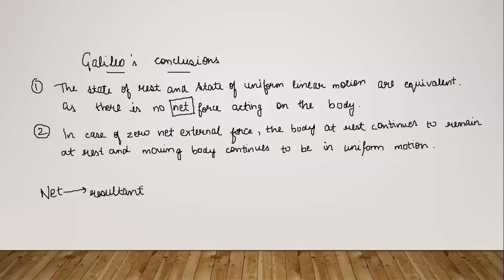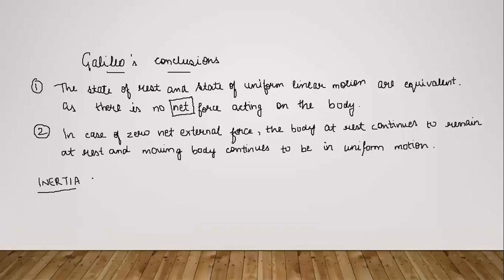So now we will talk about this property of a body called inertia. This property of the body that we talked about in the second statement, that if the body is in the state of rest, it will continue to remain at rest, and if it is moving, it will continue to keep on moving with uniform speed.